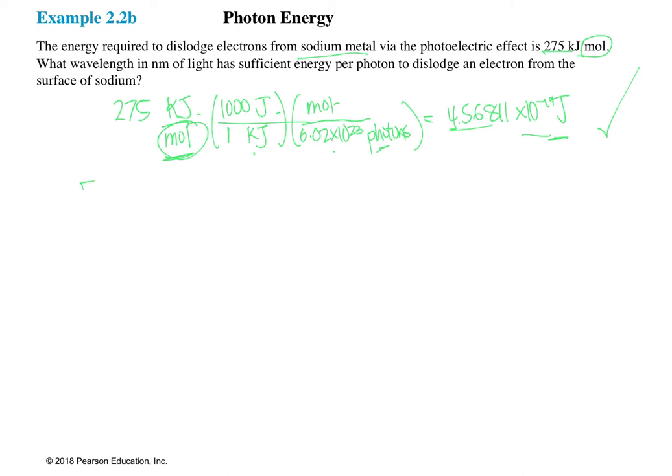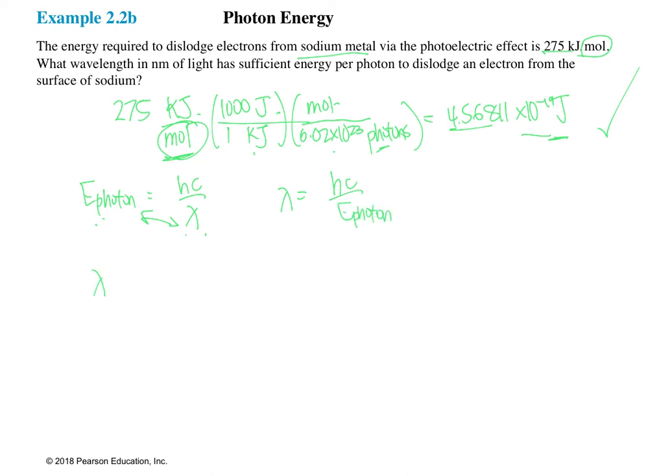So now I know energy of a photon equals hc over lambda. I'm trying to find lambda, so we're going to do our swapping of variables here. We multiply by wavelength and divide by energy of a photon, so we get the wavelength equals hc over energy of a photon.